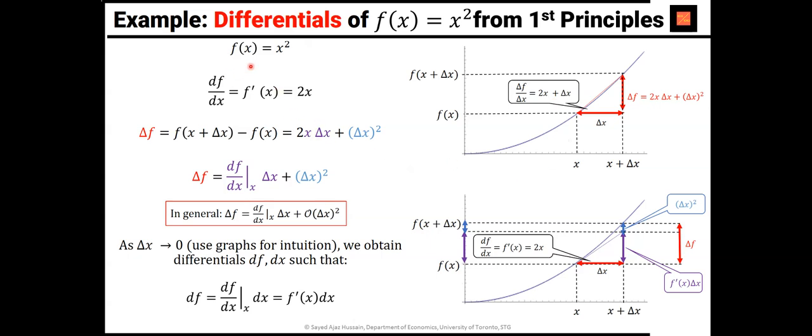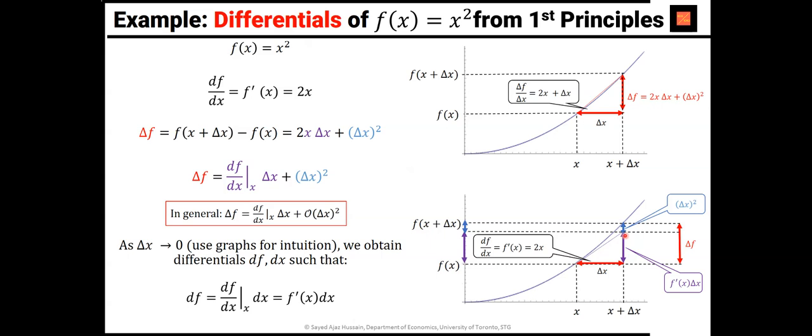You also remember that the derivative was 2x. So ask yourself, can I express this change in the function that you see over here, which by the way is exactly the change of the function that you see down here, can I break it down into 2 parts as follows? Because f prime is the slope at this point, and slope is rise over run.